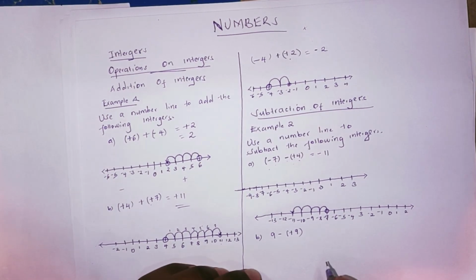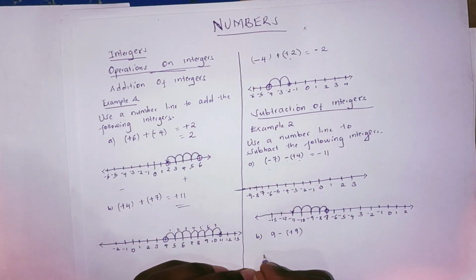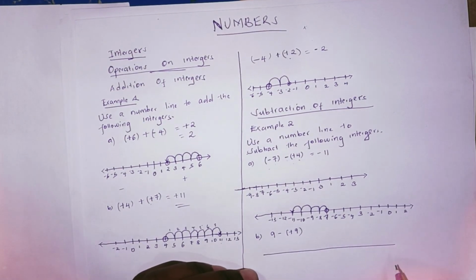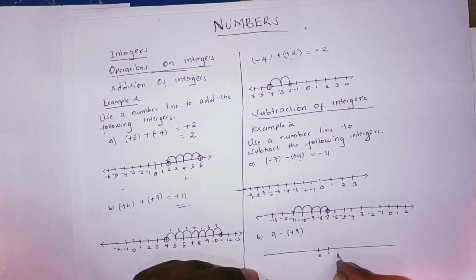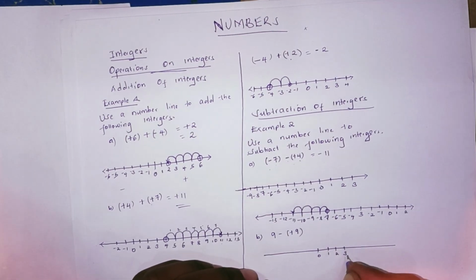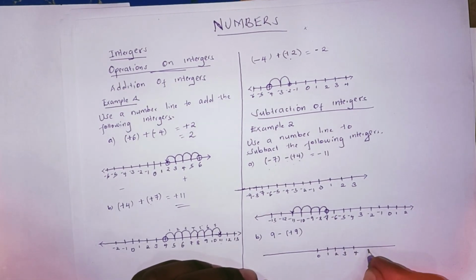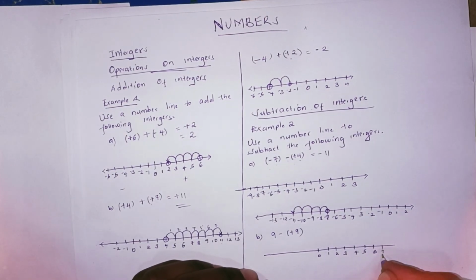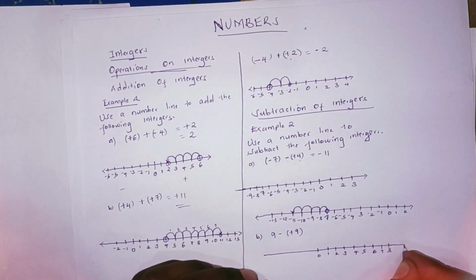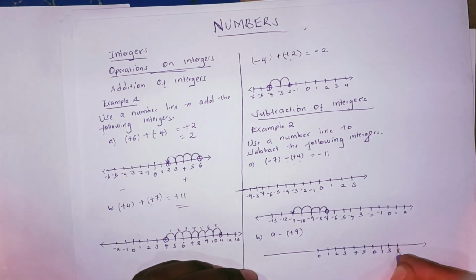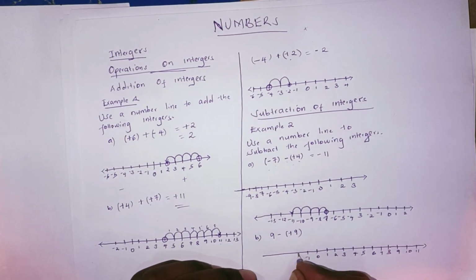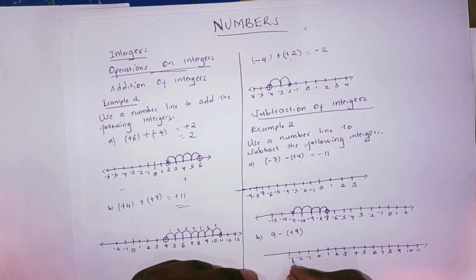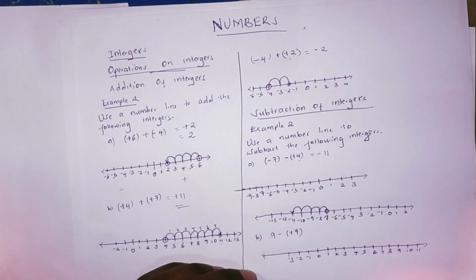I'll draw a number line here again. I'll begin with 0, then 1, 2, 3, 4, 5, 6, 7, 8, 9, 10, 11, negative 1, negative 2, negative 3. Let me stop at that point.